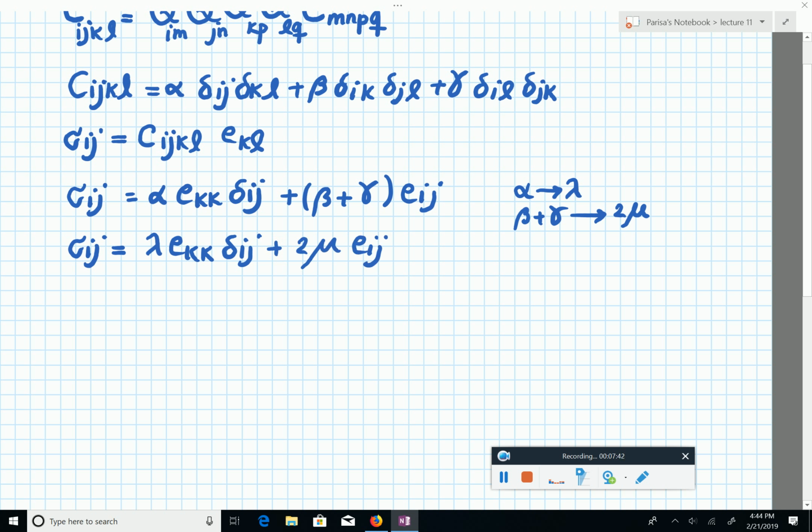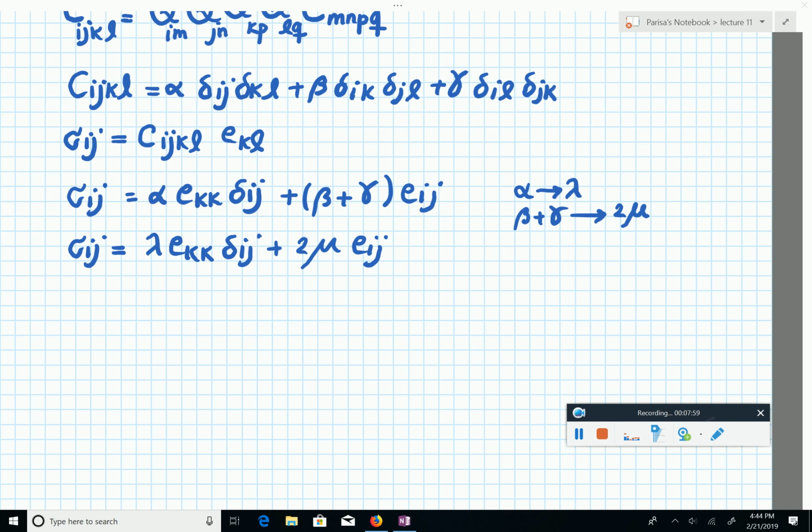So basically, linear elasticity is just a special case of that. Don't be confused. The alpha, beta, and gamma is the general form, and they mean something physically when we look at linear elasticity. So that's one way we talked about isotropy.